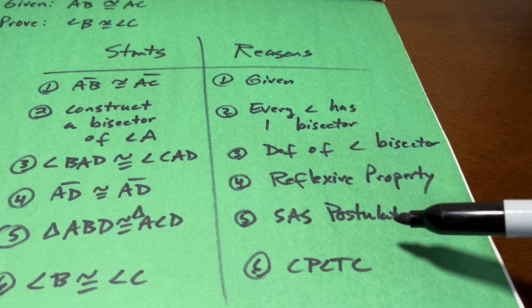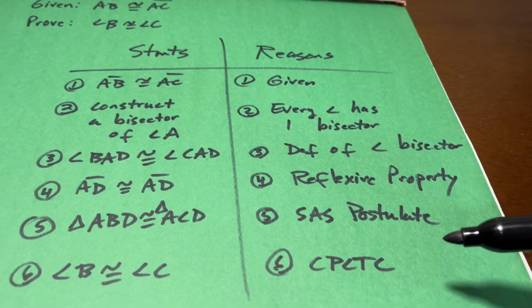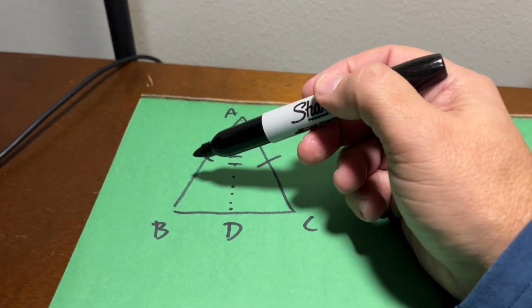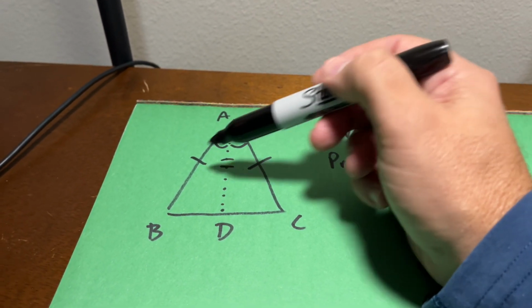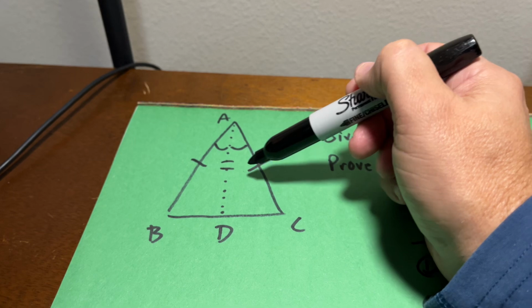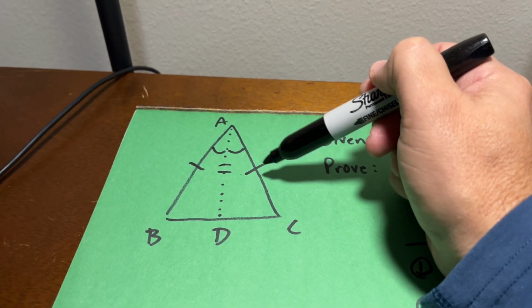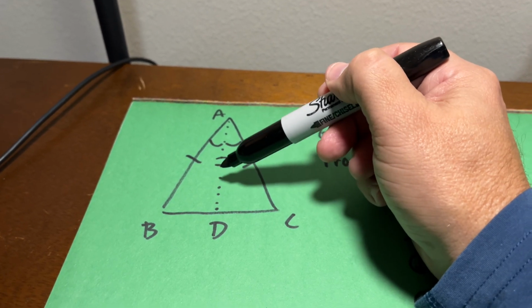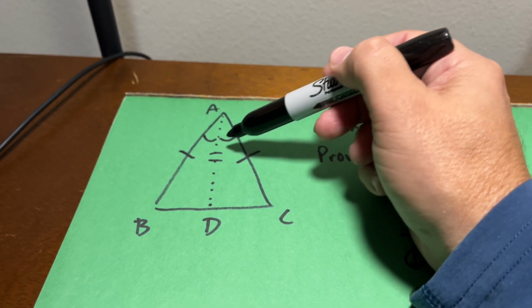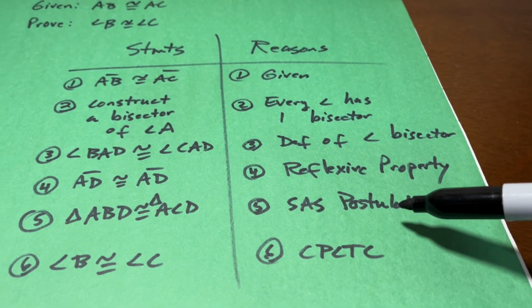There are a bunch of postulates that prove that triangles are congruent. One way is if you have a side, an angle and a side that are congruent in two different triangles. If you have two congruent sides, so this side is congruent to that side, and this side is congruent to itself, and an angle in between them, that's called the side angle side postulate.